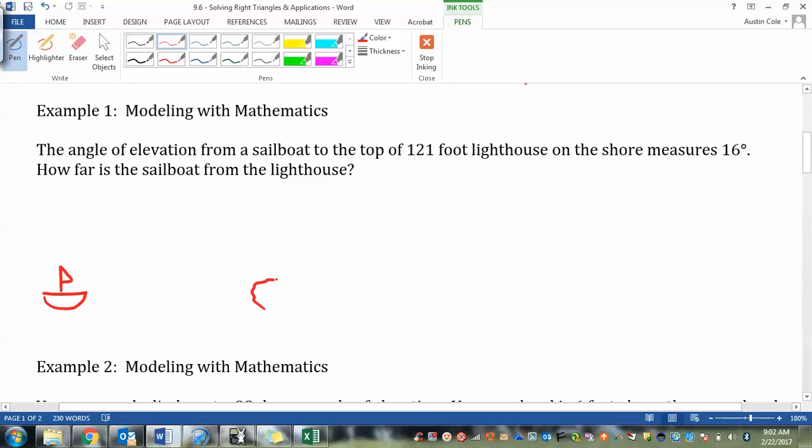Here's the shore. Here's the lighthouse. Okay, I'm not a great artist by any means. Okay, the angle of elevation from here to the top of the lighthouse is how many degrees? 16 degrees.